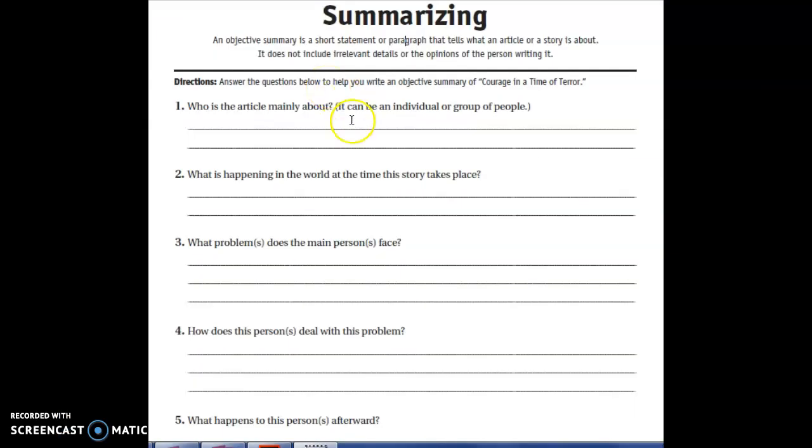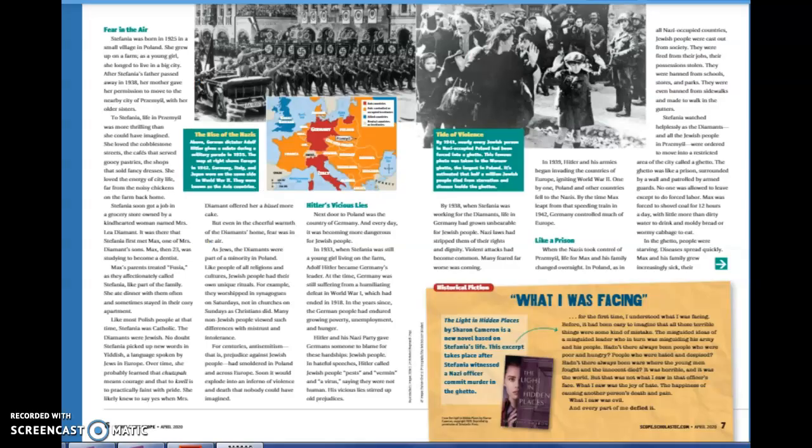The third question that you'll want to answer for your summary is, what problems does the main person face in your story? Well, if you'll remember, Stefania had moved in with some Jewish people that were being victimized by anti-Semitism from the Nazis.